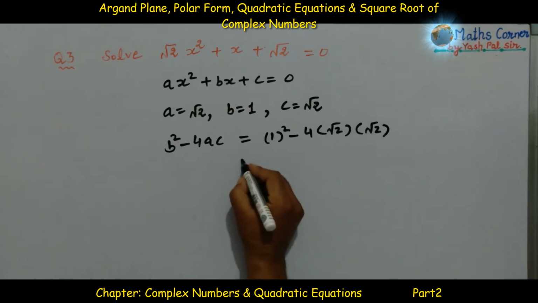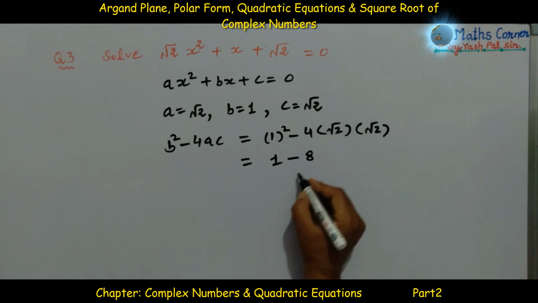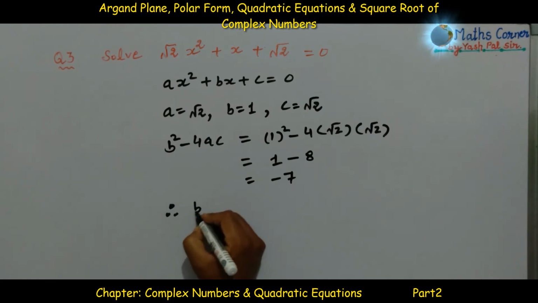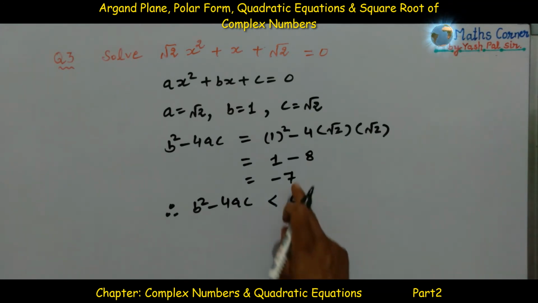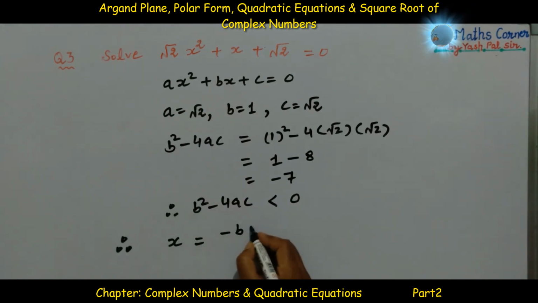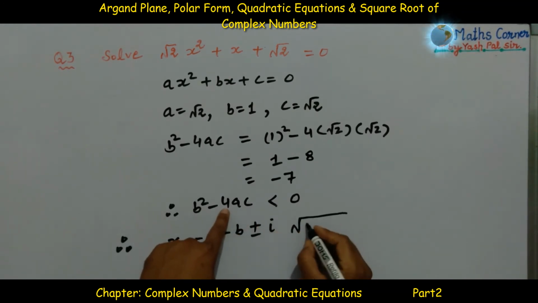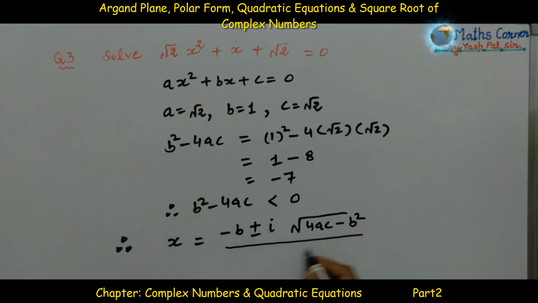So what is the result? 1 minus this multiplication, 2 into 4, 8, that is equal to minus 7. So we see that b square minus 4ac is less than 0, negative. So the roots are non-real numbers. It means we can find the roots as x equal to minus b plus minus iota square root of 4ac minus b square, upon 2a.